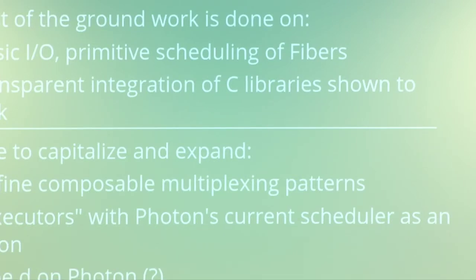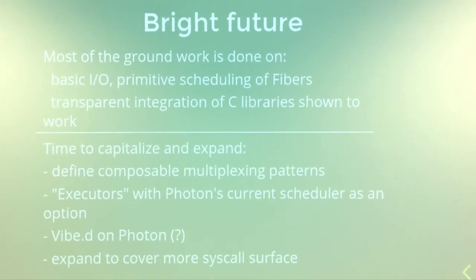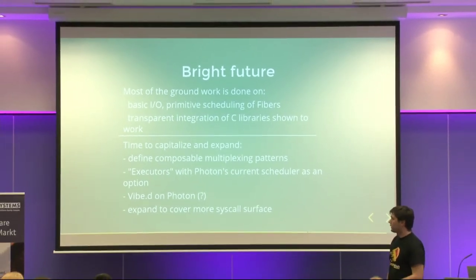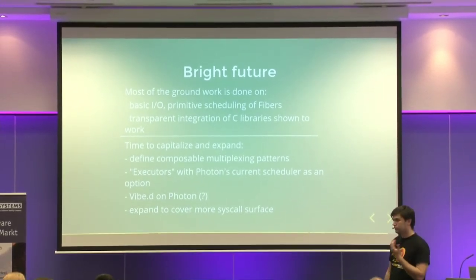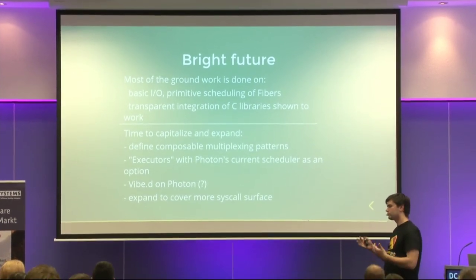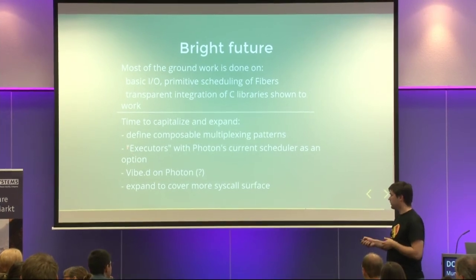The bright future of Photon is that the basic stuff is done. It's sort of fast. It is a bit loose. And I want to fix a lot of bugs there. But, well, I want to go next. And next is multiplexing and composability, and communication between all those fibers in some way. I think maybe about this one.